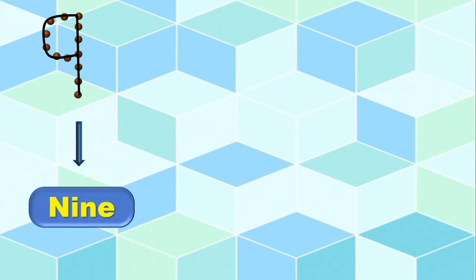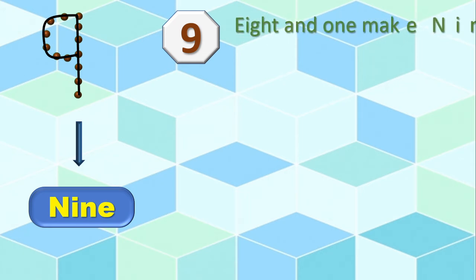Got this, children? And the spelling for 9 is N-I-N-E. 9. And how to write 9? Like this. 8 and 1 makes 9. You know now, correct? 8 and 1 make 9.